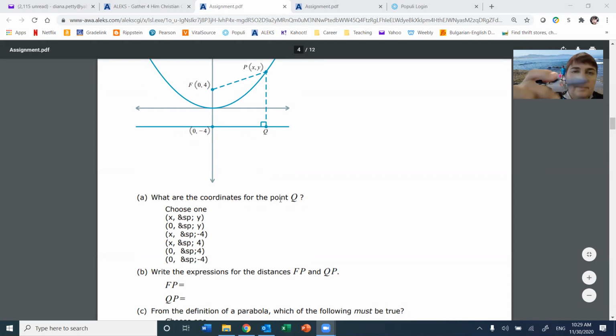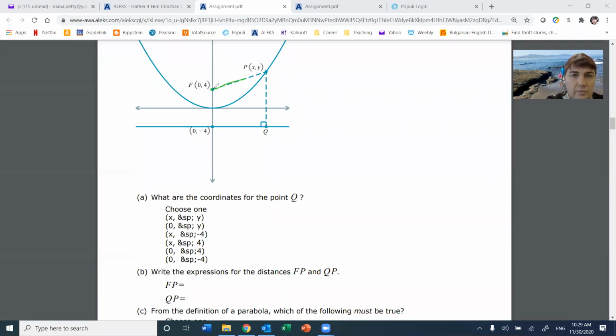So the distance, we need to find FP. FP is right here. And actually, you know that FP equals QP because this is the definition, right? The focus is a point which... the focus and the directrix are a point and a line from which, if you have a point on the parabola, it's going to be equidistant.